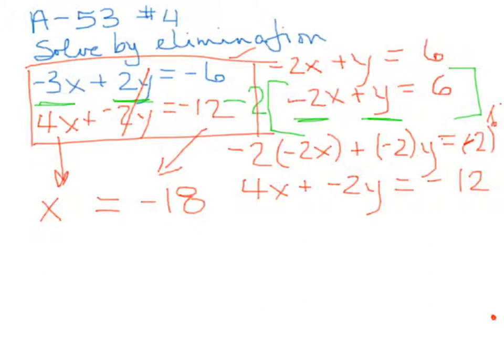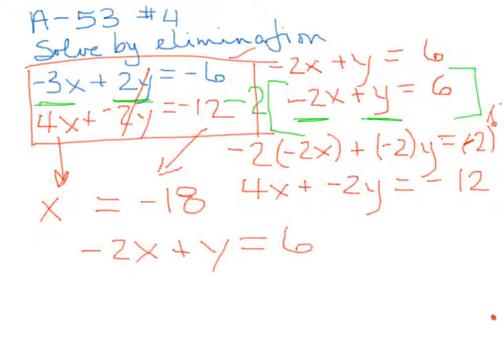It's important that you realize that they intersect at an ordered pair. So I have to get an x and a y. So far I have my x. The beauty here, though, guys, is I only have to plug it into one of the equations. So I'm going to go back to this equation. Negative 2x plus y is equal to 6.